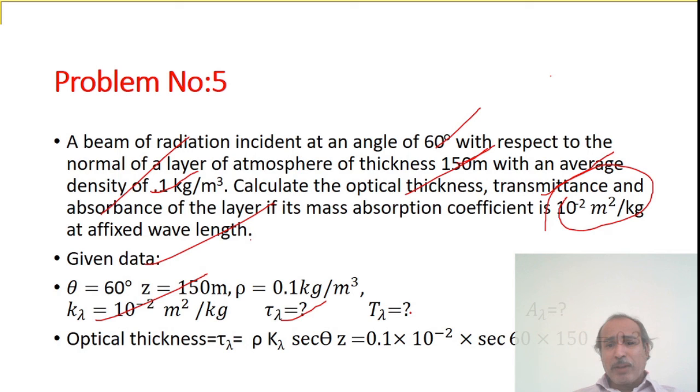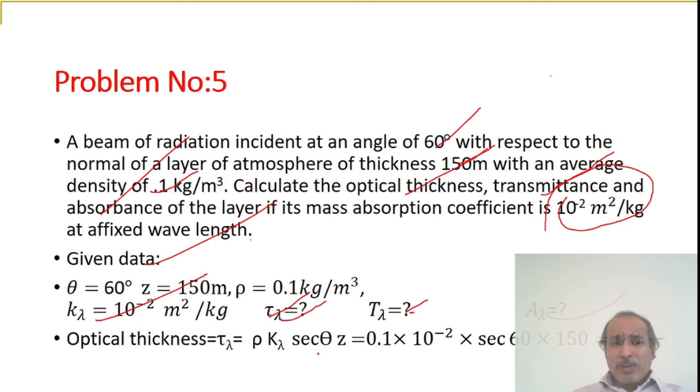Next, T lambda, that is the transmittance coefficient. Lastly, the absorption coefficient A lambda. First we have to find tau lambda, the optical thickness. Optical thickness is given by rho k lambda secant theta into z.